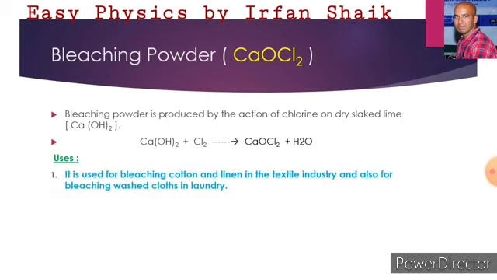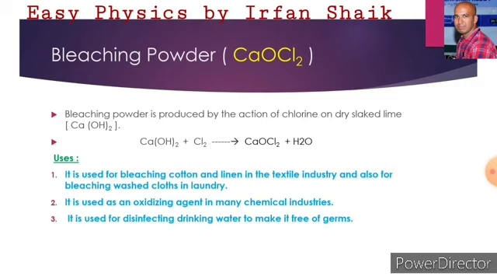It is also used as an oxidizing agent in many chemical industries. It is also used for disinfecting drinking water to make it free of germs. That means to kill germs, we add bleaching powder to the water.